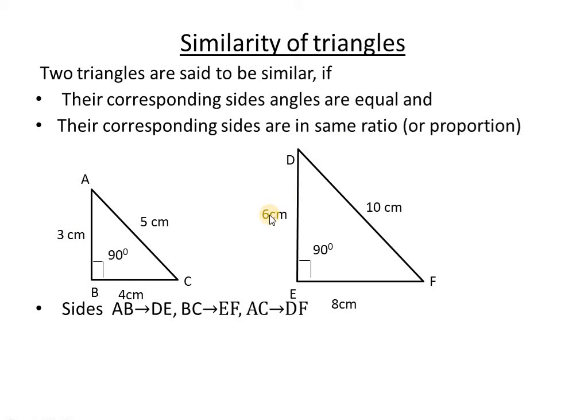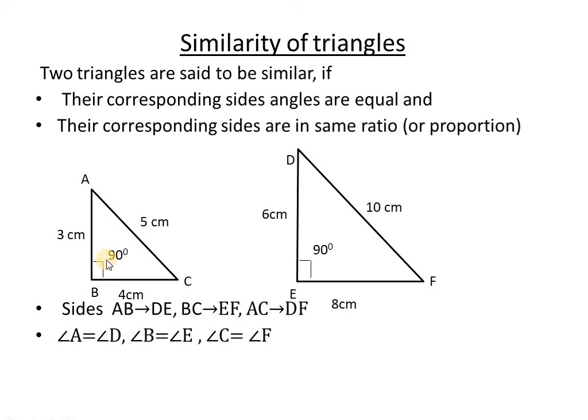Here this is 3, this is 6, and the ratio is 1:2. 3 cm and 6 cm means the ratio is 1:2. Here 4 cm and 8 cm, so the ratio is 1:2. Similarly 5 cm and 10 cm, the ratio is 1:2. Now the angles: angle A corresponds to angle D and they are equal.